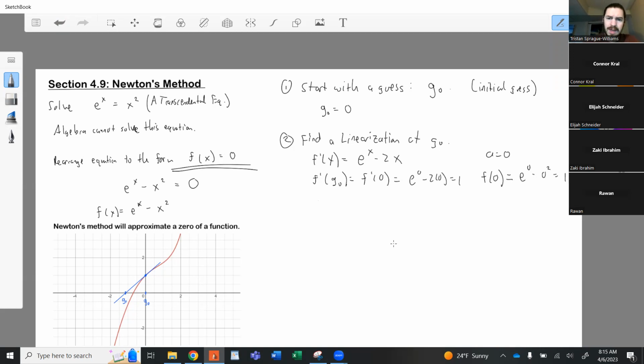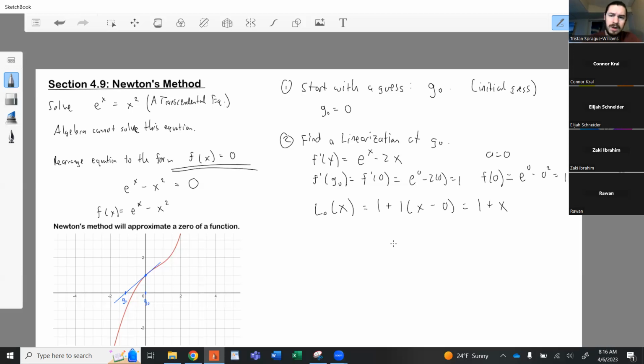So what we have is our linearization number 0 is the y coordinate 1 plus the slope, which is 1, times x minus 0. In other words, just 1 plus x. Nice. 1 plus x. Okay.